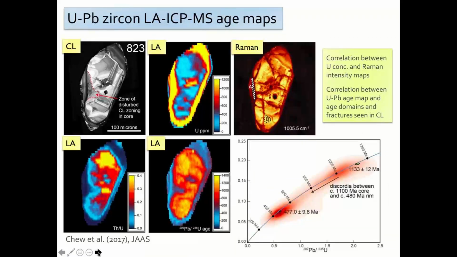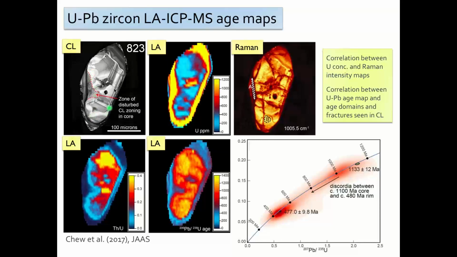So that we did in 2017, looking at a zircon, which has two age components. There is a rim, which is CL dark, cathodoluminescence dark, and it's high in uranium, which is what you'd expect. CL dark was high in uranium typically.